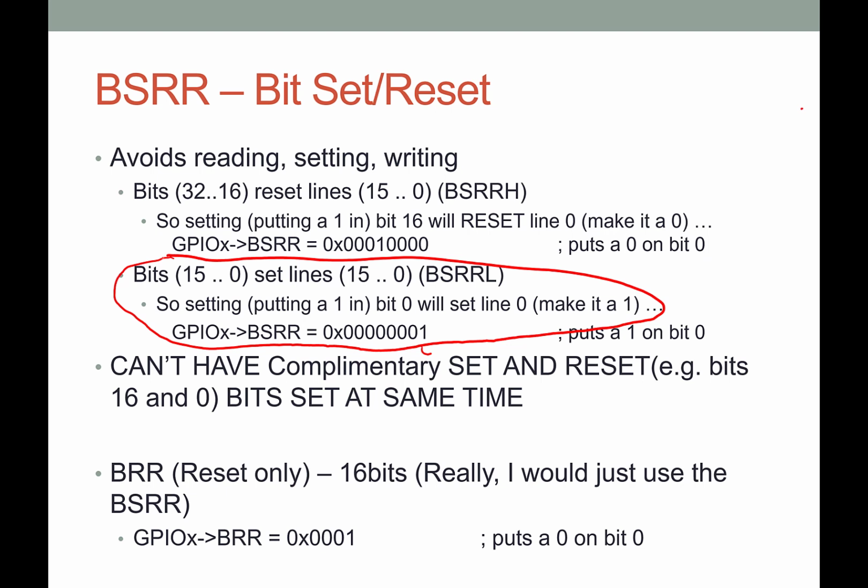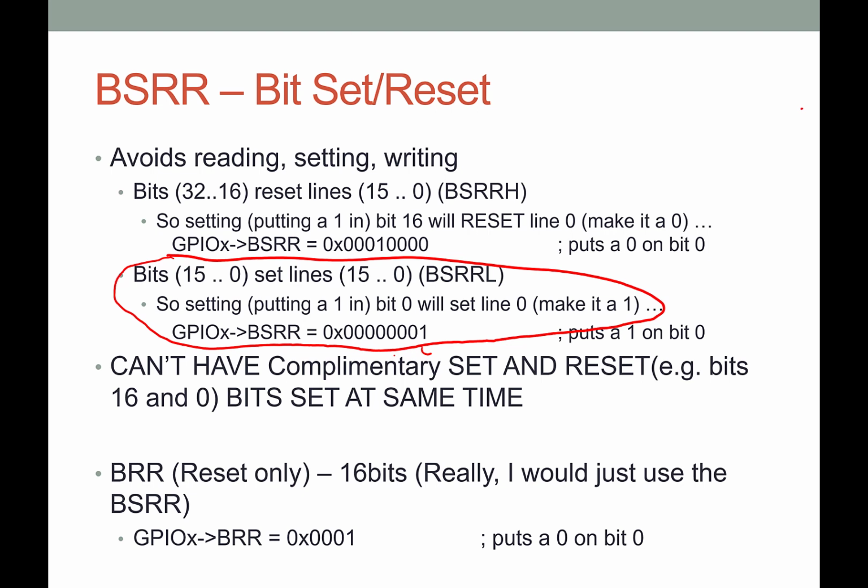And if we want to set line 0 through line 15 as a 1, then we'll put a 1 in that particular bit. So if we want to set bit 0 to a 1, then we'll put 1 in that register.